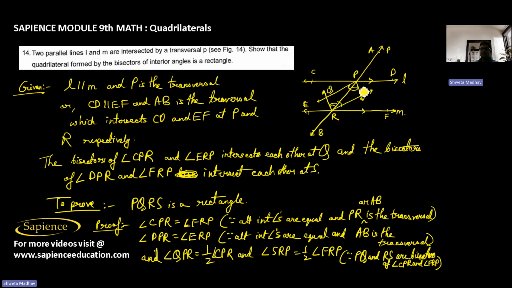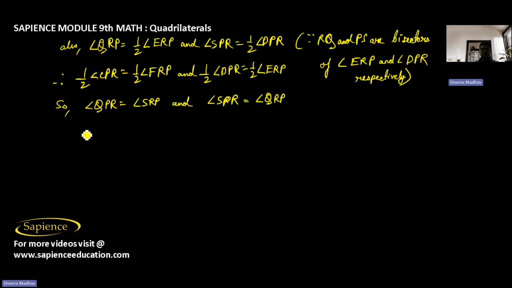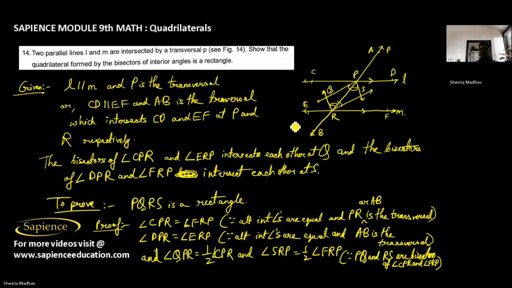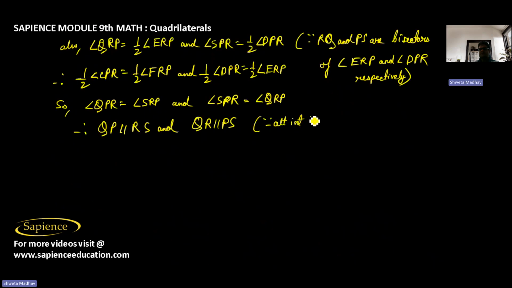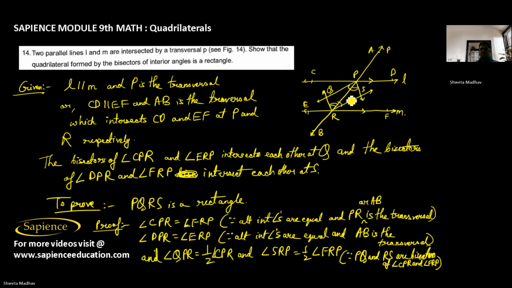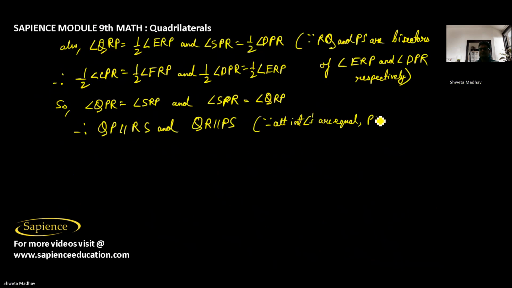So QP is parallel to RS and QR is parallel to PS, since alternate interior angles are equal and obviously PR is the transversal.